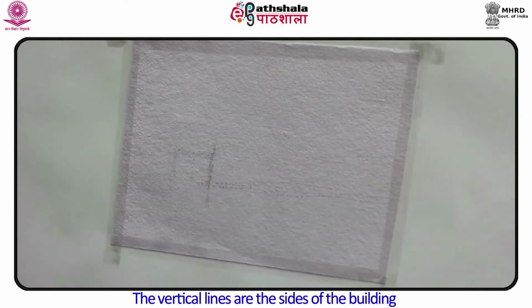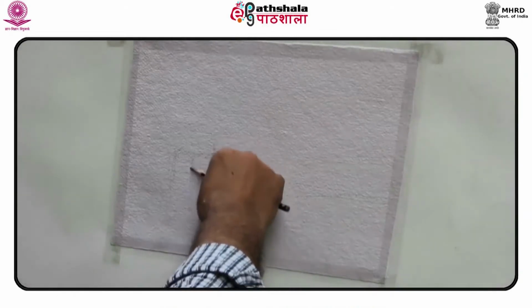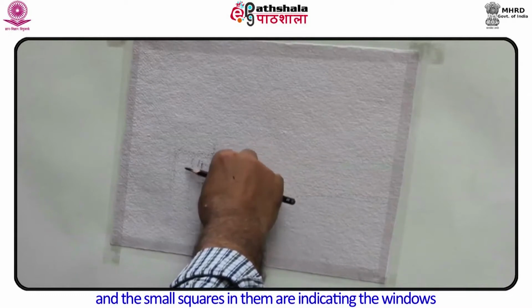The vertical lines are the sides of the building, and the small squares in them are indicating the windows.